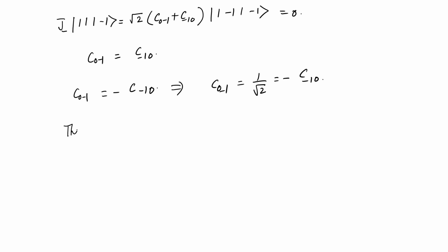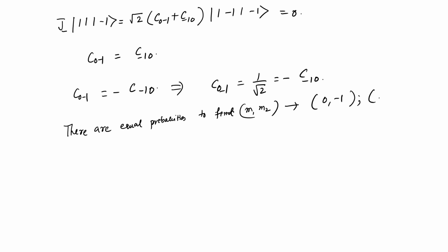So, that means that there are equal probabilities, because these two mod squares are equal to half, there are equal probabilities to find m1 m2 in the 0 minus 1 or minus 1 0 state, and so on. Okay. So, this is a way to find the Clebsch-Gordon coefficients, and let us take another example.